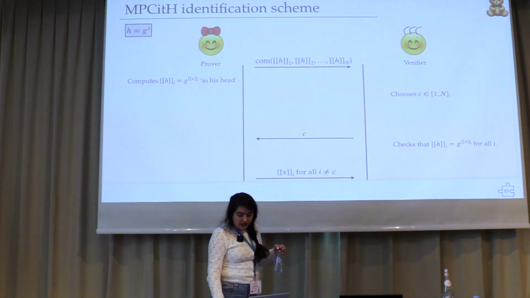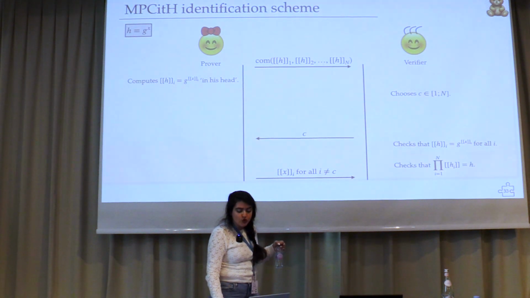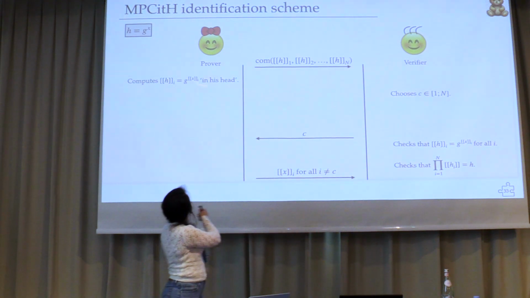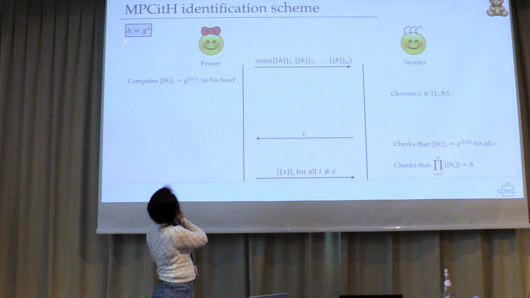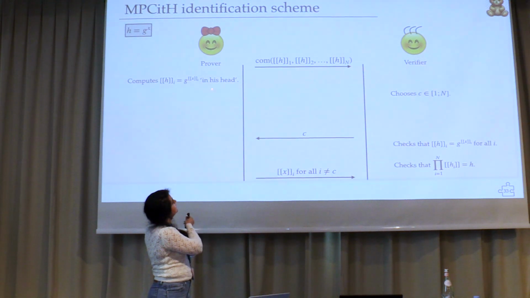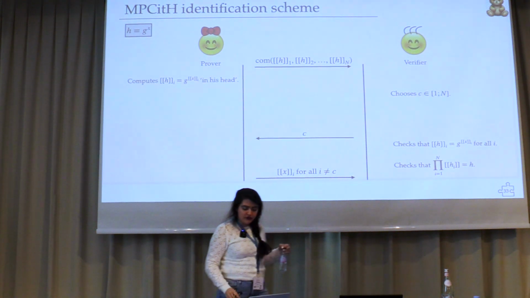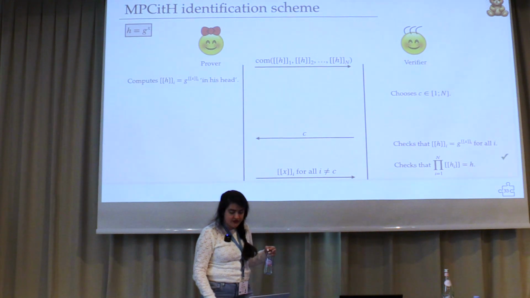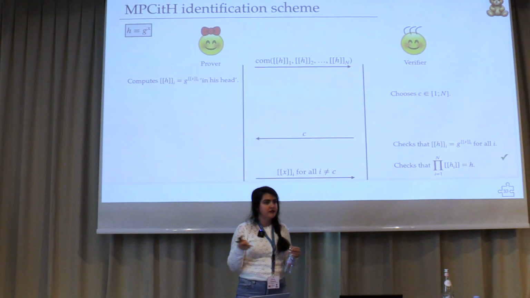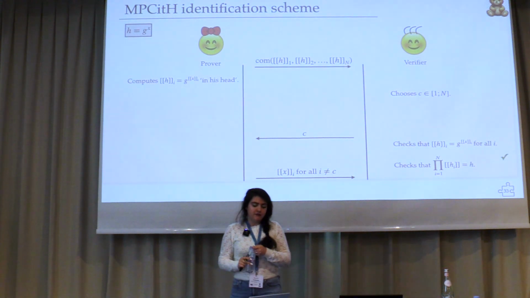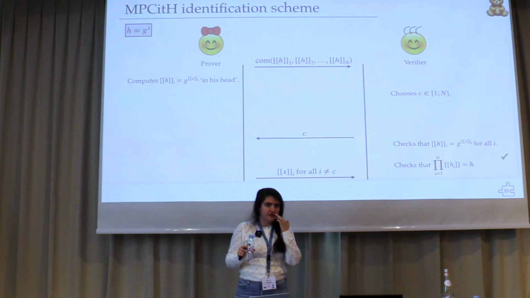And then, to know that this is a nice sharing, you also check that the product of these corresponds to h, which is your public key. That is what you wanted to convince the verifier of, that you know a pre-image of this problem. So the verifier checks both constraints. If both constraints are okay, then it means that the prover did the protocol honestly, and then he knows the secret.